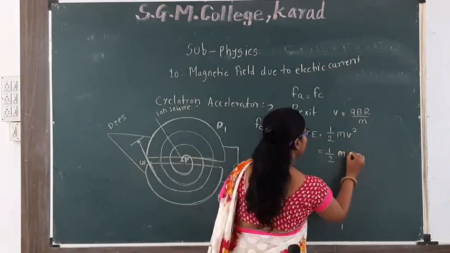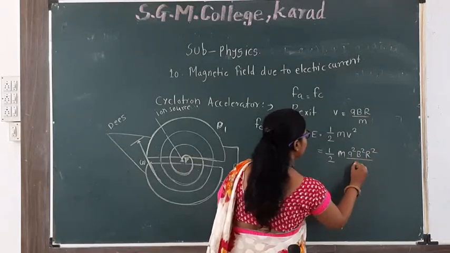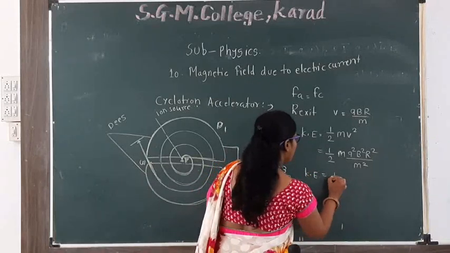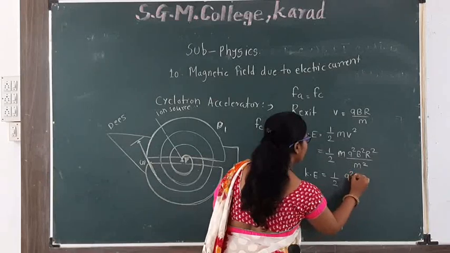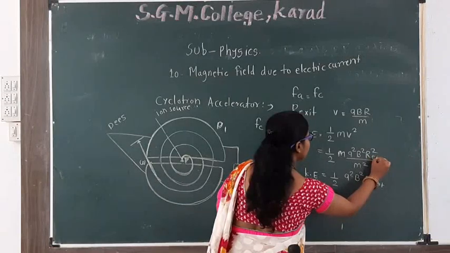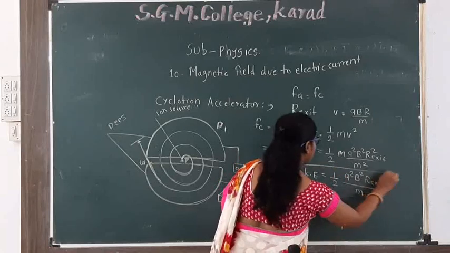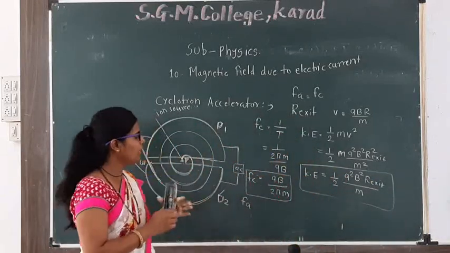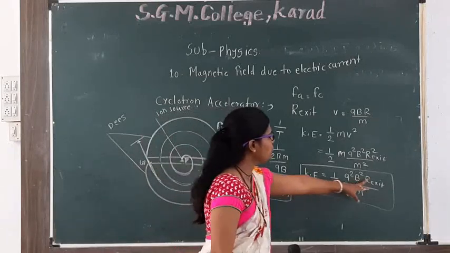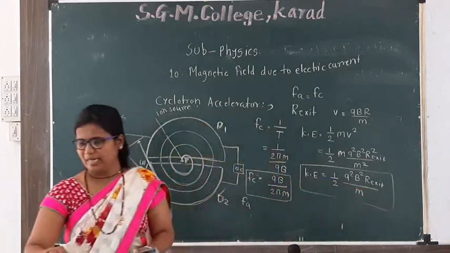So the kinetic energy is equal to 1/2 Q square B square R exit square upon m. This equation represents the energy of the charged particle. The kinetic energy of the charged particle is directly proportional to the radius of exit.